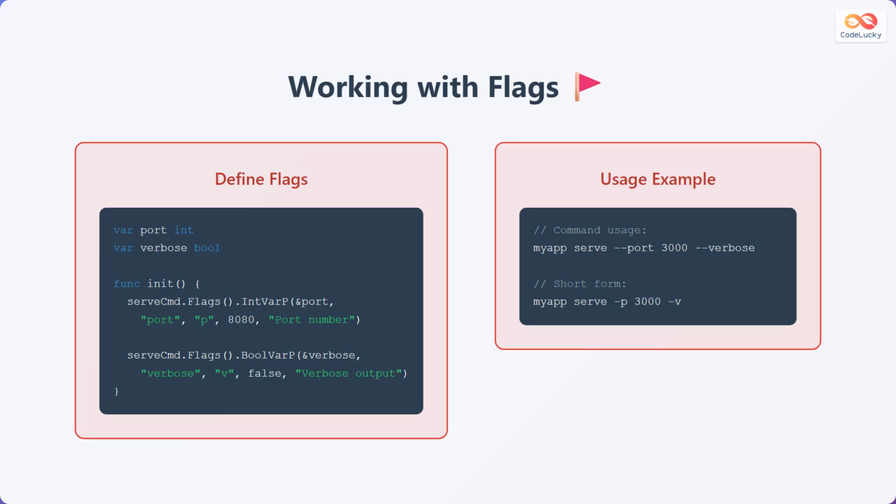The IntVarP method adds an integer flag, taking parameters for the variable reference, the long flag name, short flag name, default value, and description. Similarly, BoolVarP adds Boolean flags. The P suffix indicates support for both long and short forms, so users can use either --port or just -p. This flexibility makes your CLI tools more user-friendly and follows common command line conventions.